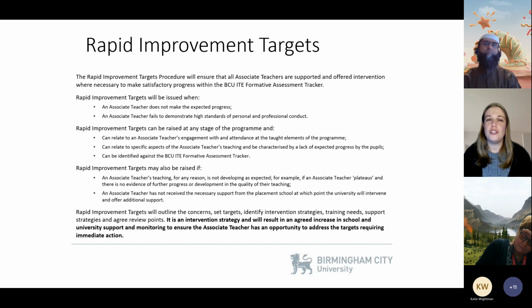So if you've got a slight sense that something might become an issue later on, if they're not making the progress that you would expect, please make contact as soon as possible so that we can put this process into place.